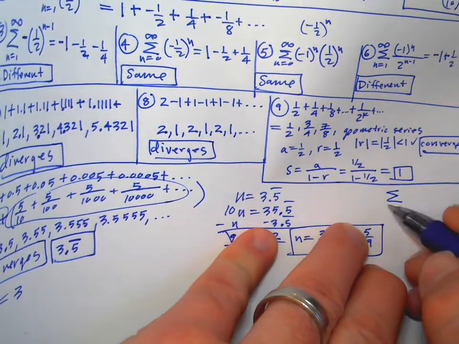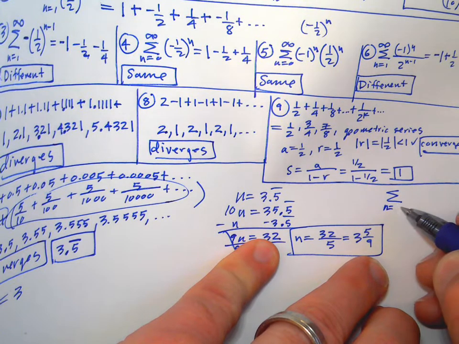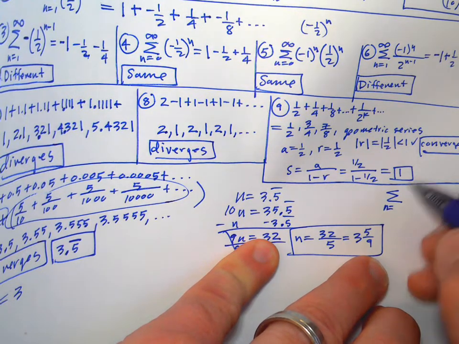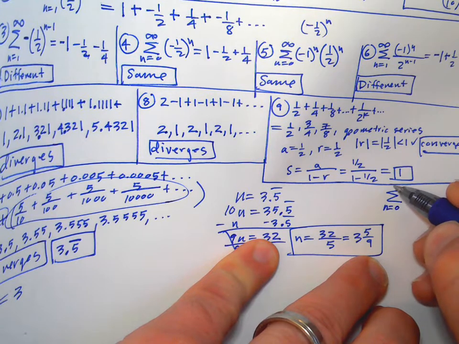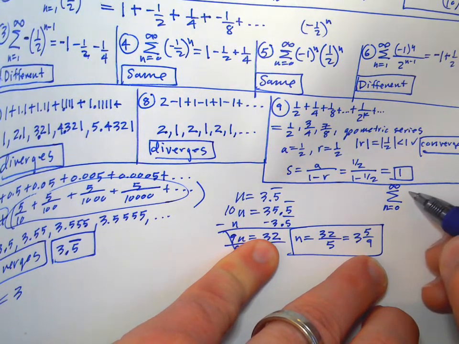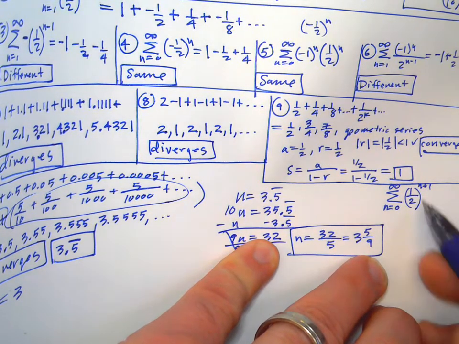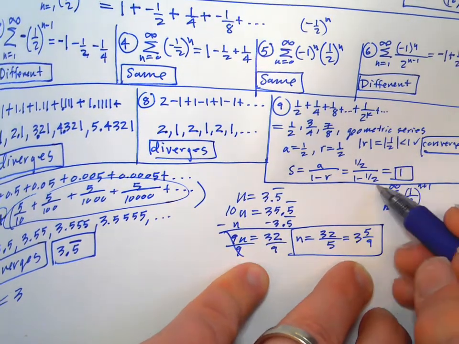This is a challenge, so you might as well take advantage of it. We could say the sum from n equals 0 or 1 or whatever to infinity of 1/2 to the n plus 1. That's the closed form of that one.